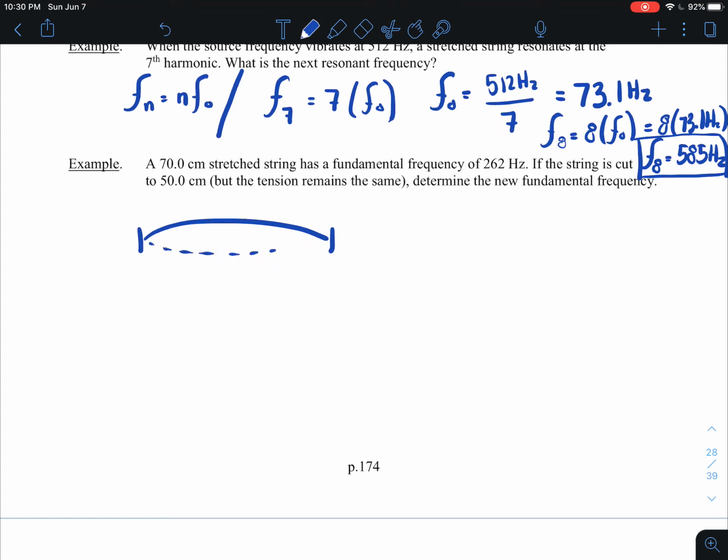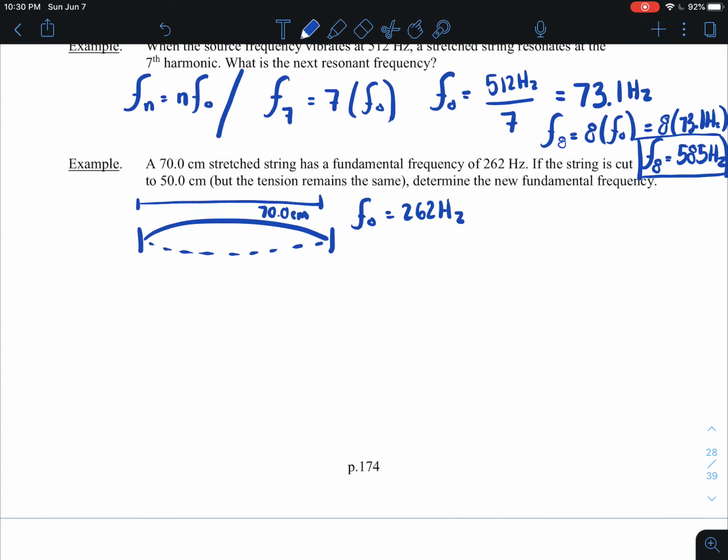Here we have a fundamental frequency, which is exactly equal to half a wave. And the distance from here to here, we said was 70 centimeters. And the fundamental frequency for this section, I'm just going to say f0, for the first one is 262 hertz. If the string is cut to 50 centimeters, but the tension remains the same, determine the fundamental frequency.